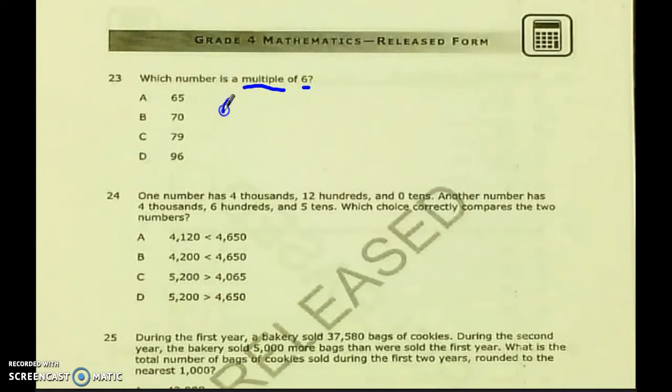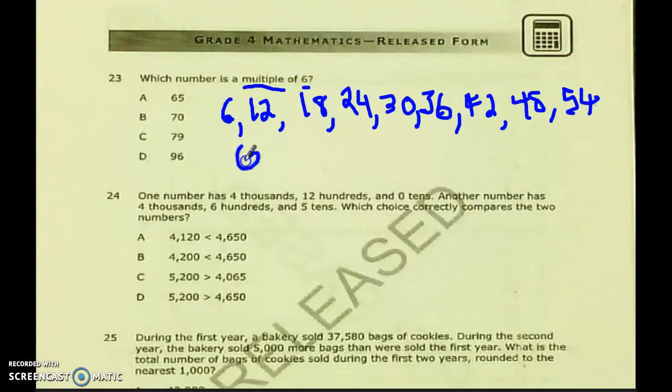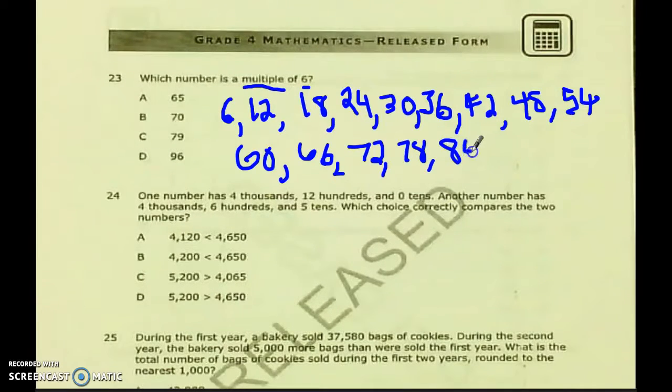So that would be like 6, 12, 18, 24, 30, 36, 42, 48, I haven't hit one of these numbers yet, 48, 54, 60, still haven't, 66, 72, 78, 84.